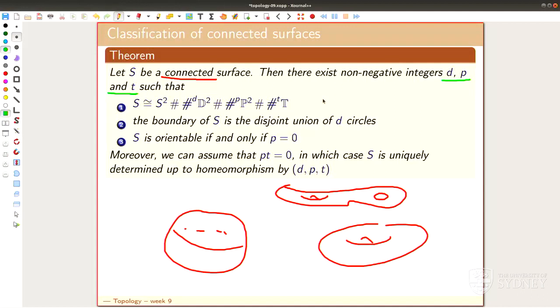So in our prime number decomposition, we only have three prime numbers, if you want: the disks, the projective planes, and the tori. And it's non-orientable if and only if P is not 0, so if you do have projective planes around. Last time I showed you the Möbius strip is also just a projective plane.